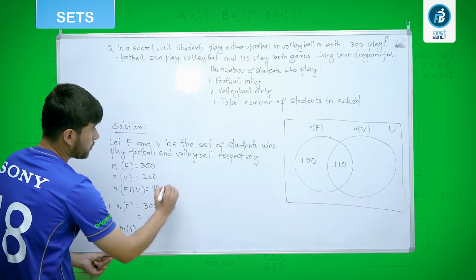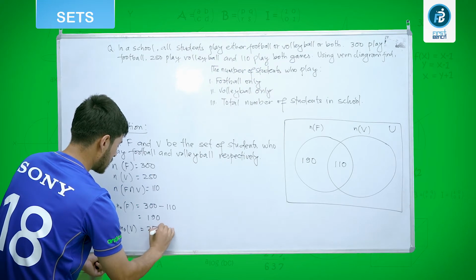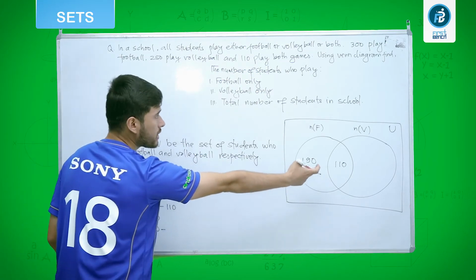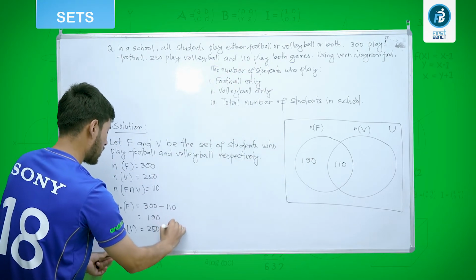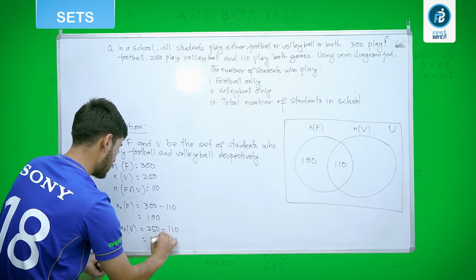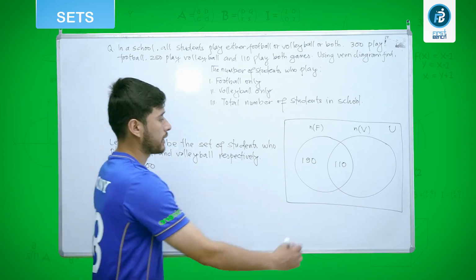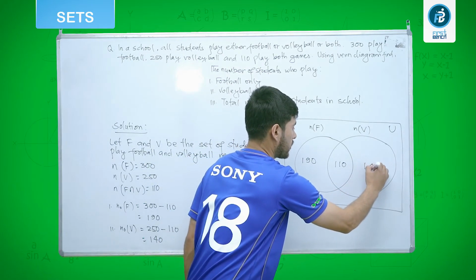Total number of students who play volleyball, that is 250, minus the number of students who play both of the games, that is 110. So it is 140. So 140 students play volleyball only.